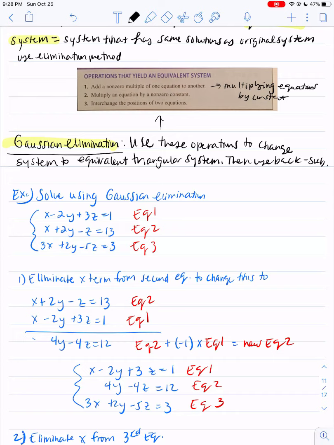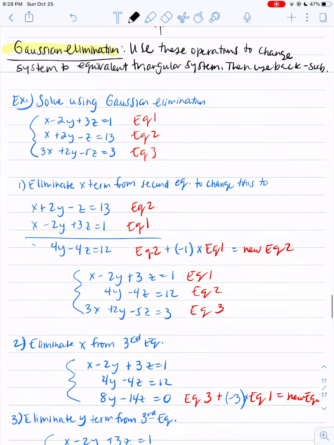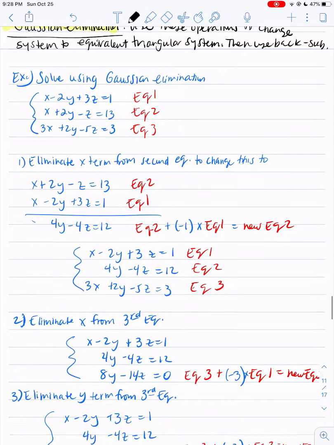Let's see an example of this, and then hopefully it'll be clearer. I'm going to go through this video pretty slowly, because it's a pretty difficult concept in my opinion.